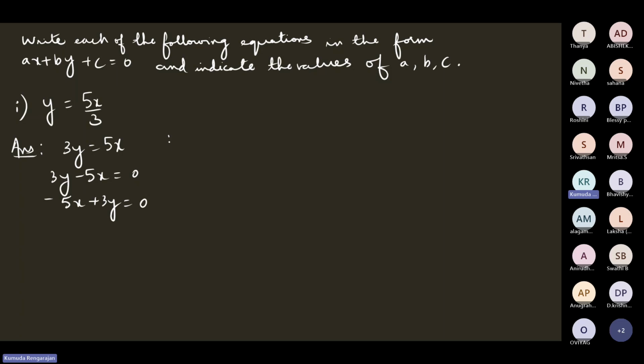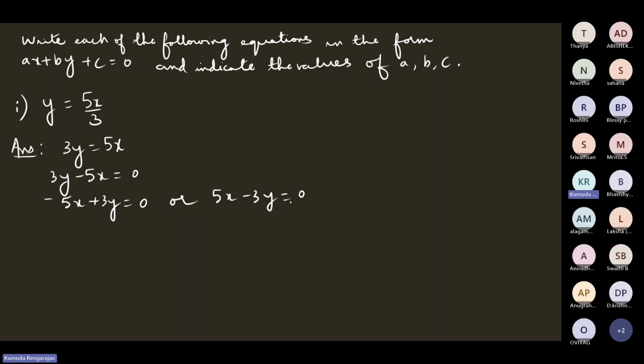Or you can also write it like this. Supposing you cross multiply 3y is equal to 5x and you bring this 3y to this side, you can even continue with this one. Supposing you change the signs throughout, that's also fine. You can write it as 5x minus 3y is equal to 0.